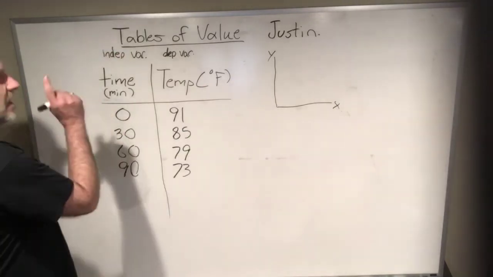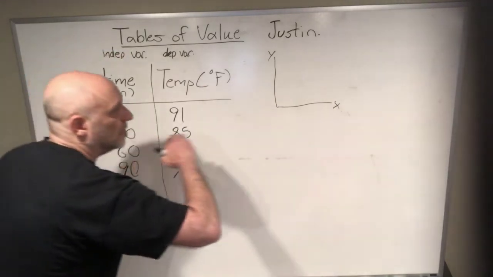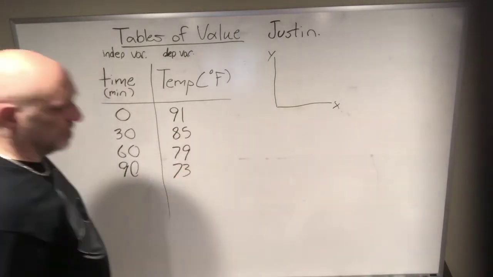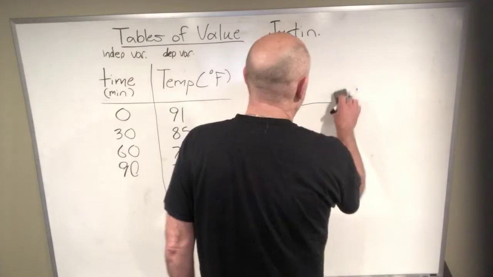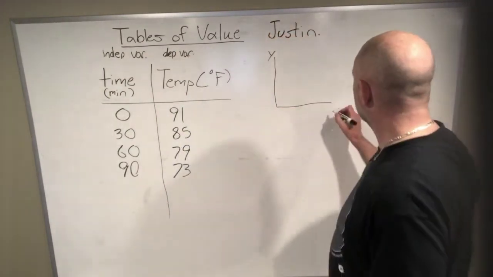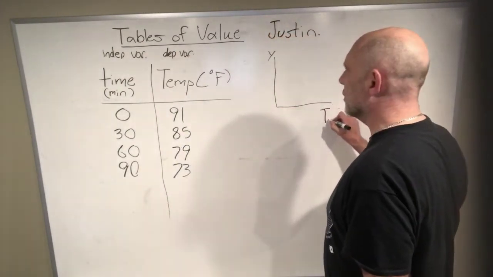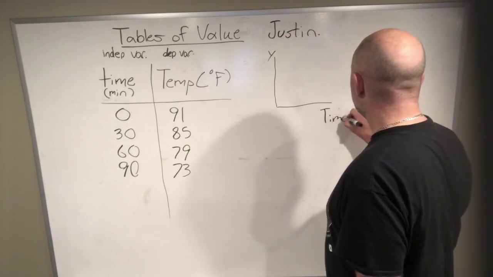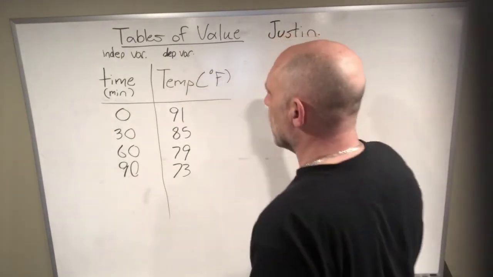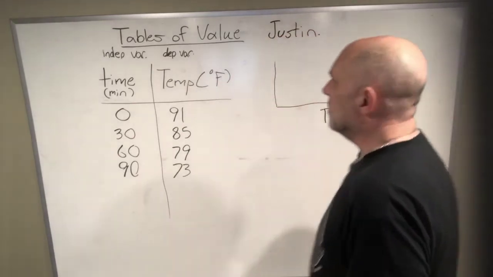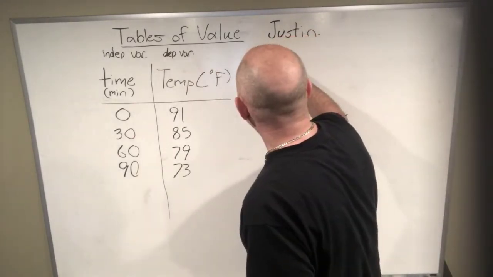Well, time is independent. Independent is always along the horizontal axis. So now, this is no longer the x-axis. It's the time axis. Always on the right, we have the dependent variable. So this is temperature.